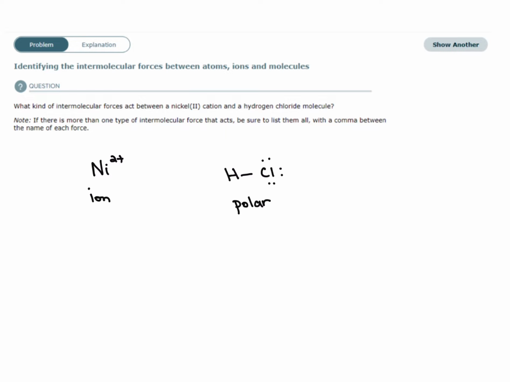So let's talk about all the forces. So dispersion forces occur between all molecules, whether polar or nonpolar. So dispersion forces occur here. And then we also have an ion with a polar molecule.